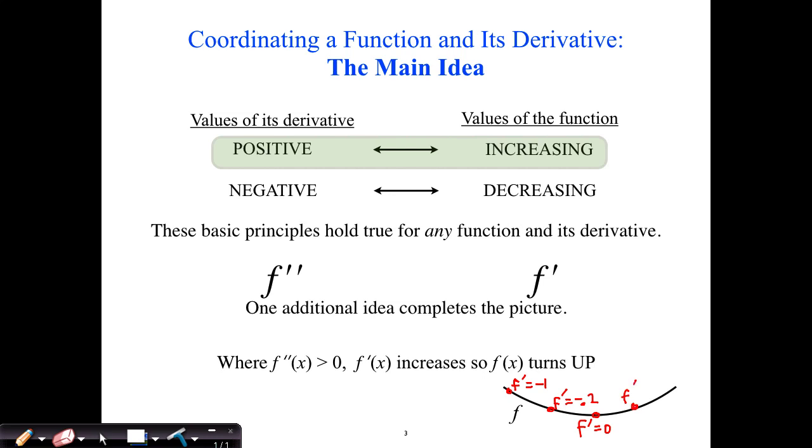At a spot like this, maybe f prime is 0.1. And out here, maybe f prime is 0.7. I'm just making up numbers. But from left to right along this, if I were estimating somehow, maybe measuring some things, the values of that first derivative that I would compute would certainly increase all along from left to right.